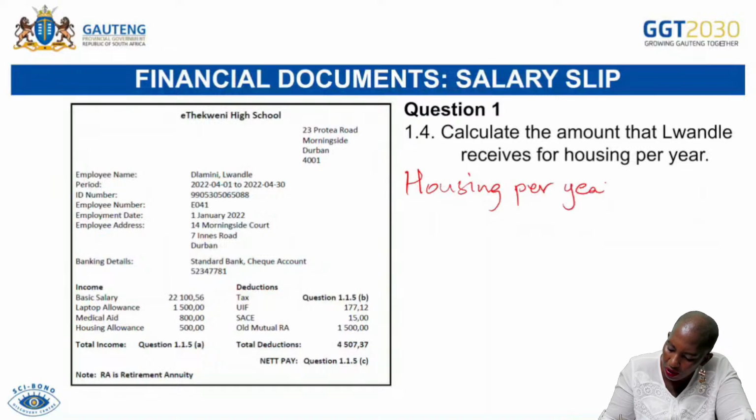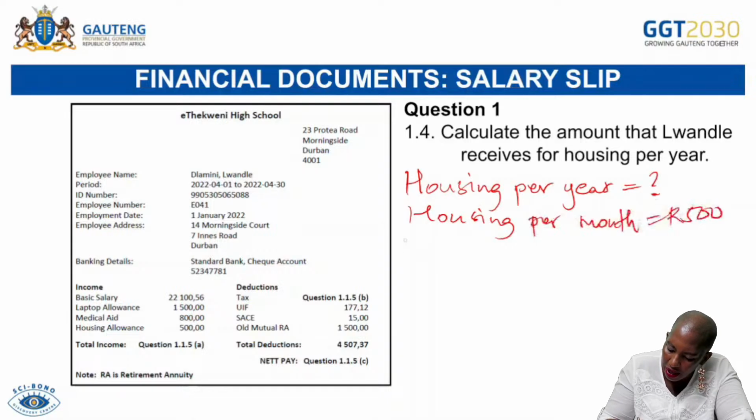Okay. This is the question. Housing pay? Yeah, that's what you want to know. So housing per month is what? It is 500. And a year, it has got how many months? It has got 12 months.